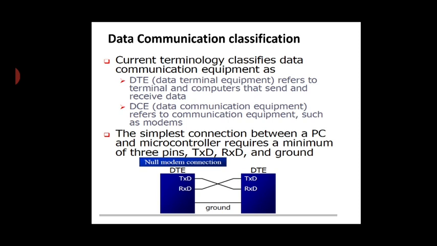The simplex connection between your PC and the microcontroller requires three pins. There are three operations: transmission, reception, and the ground.